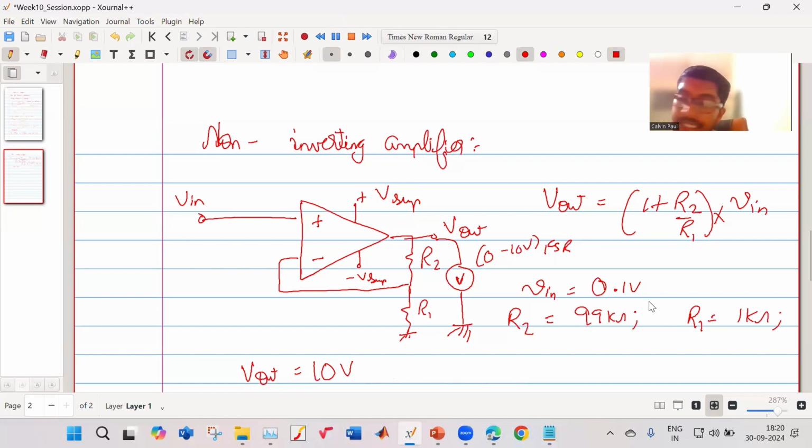So even though my signal actually is 0.1 volt, I can measure it to be around 10 volts. And then I can back calculate. Whatever reading I am getting, I have to divide it by 100. That will be the true voltage which is actually there, the true voltage which I want to measure. This is with respect to the ground.